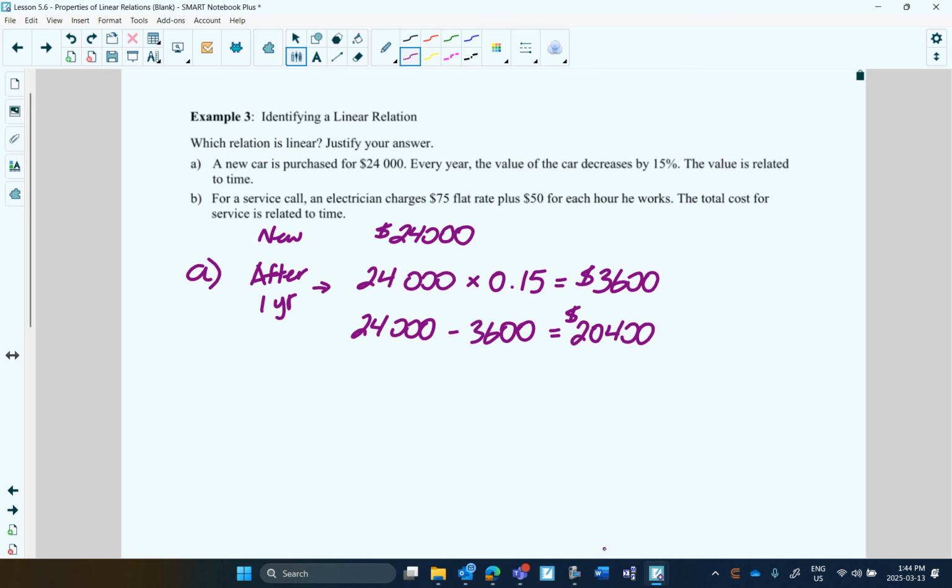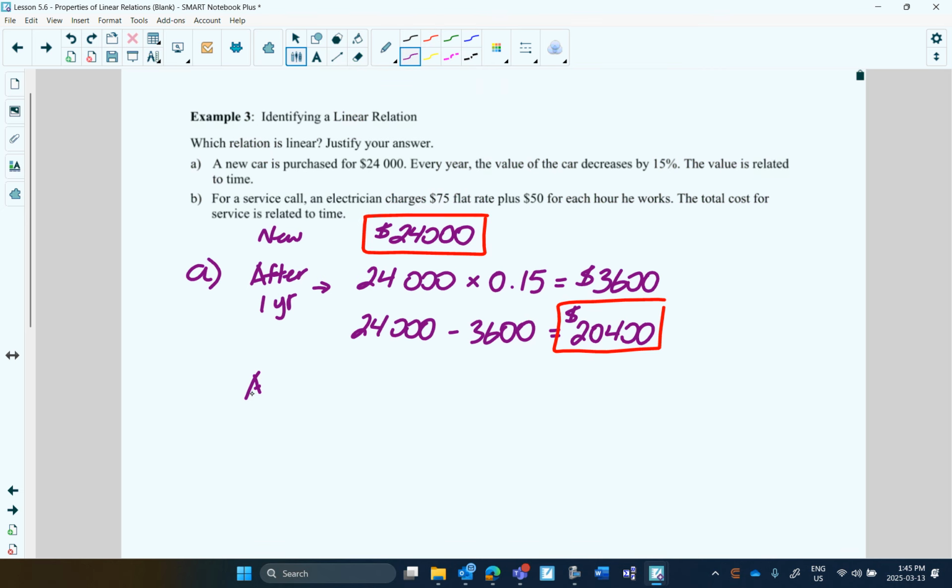But let's keep track of it. After 0 years, it's that. For 1 year, it's that. It went down 3,600. So every time I add a year, it goes down by 3,600. That means that if I do the next year, shouldn't this go down by 3,600 again? Let's see if it actually does.